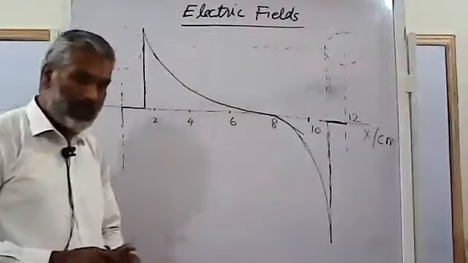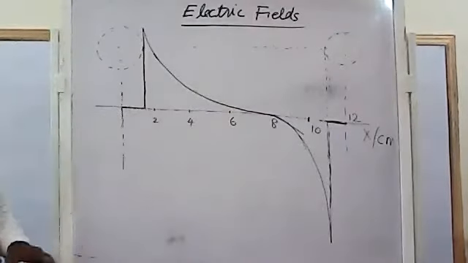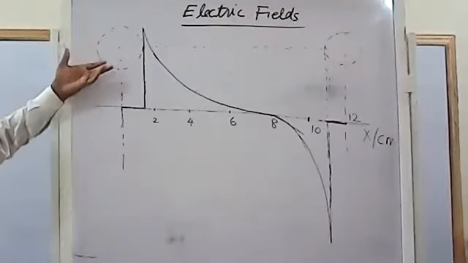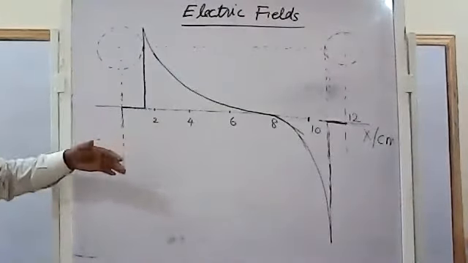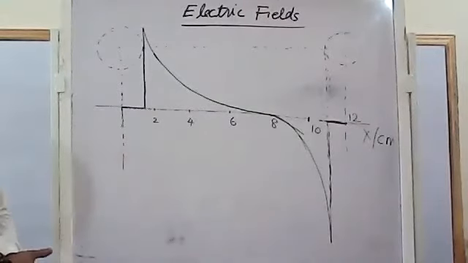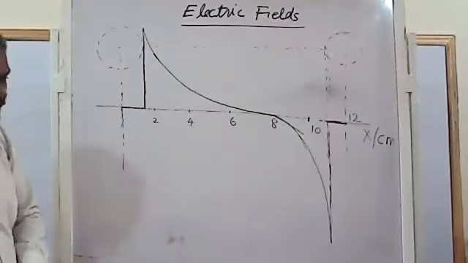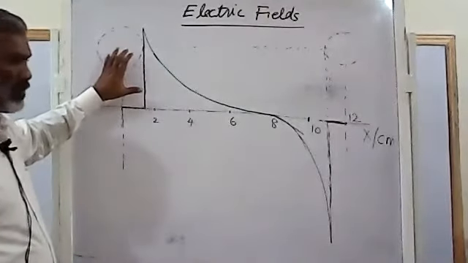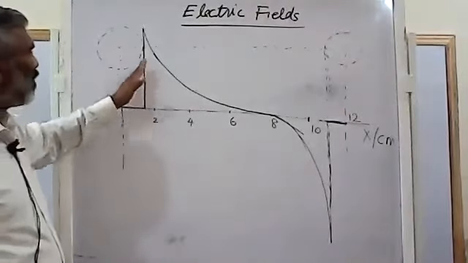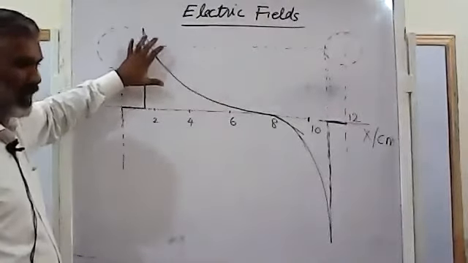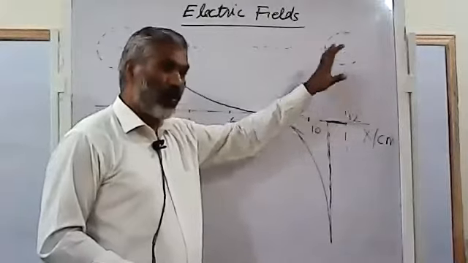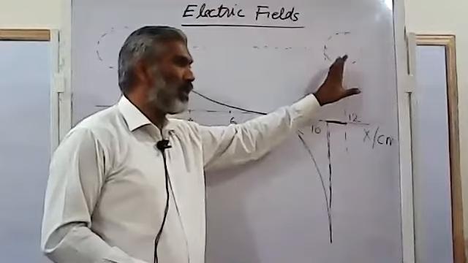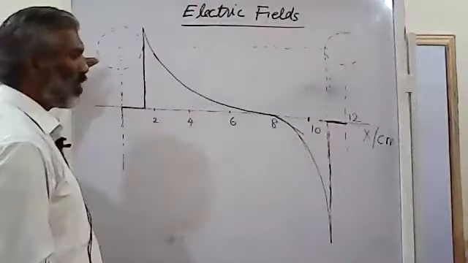This also means that even if they have never mentioned the sign of this charge, whether it is positive or negative, or whether the two charges are alike or opposite in sign, it can be easily inferred from this graph that this charge is positive because all the values of the electric field are positive on this side, and this charge is also positive because only if this is positive is its field opposite in direction to the field of this.